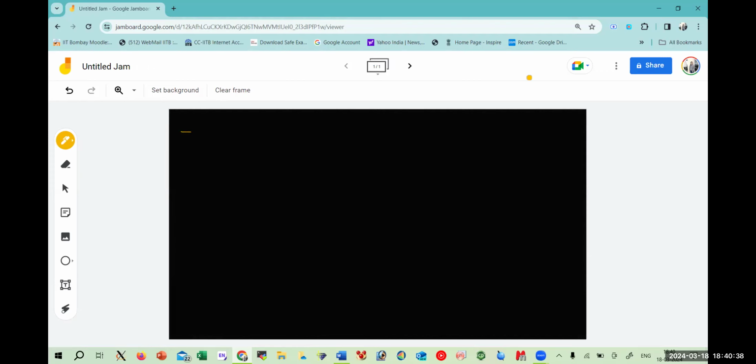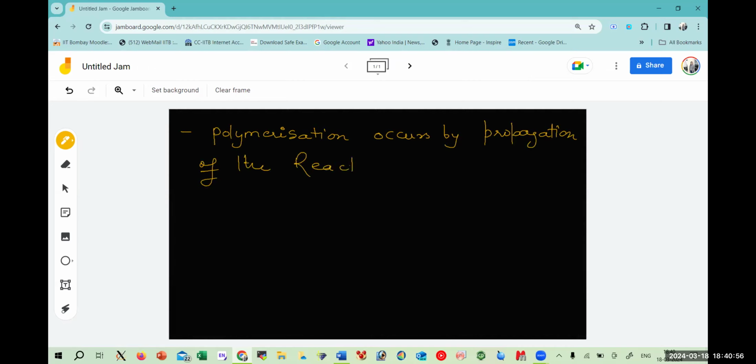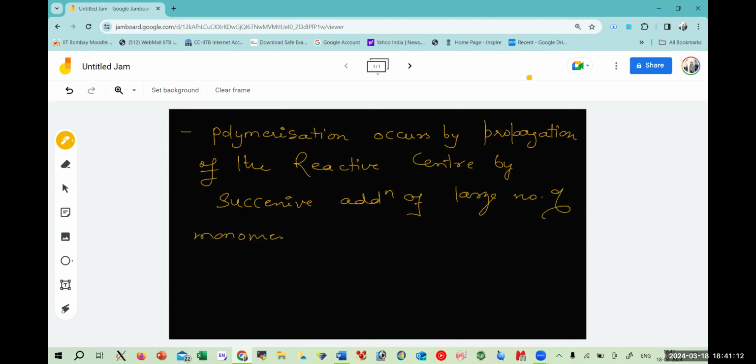And here the polymerization occurs by propagation of the reactive center by successive addition of a large number of monomers, a chain reaction.